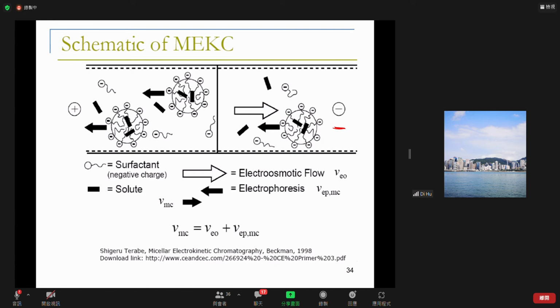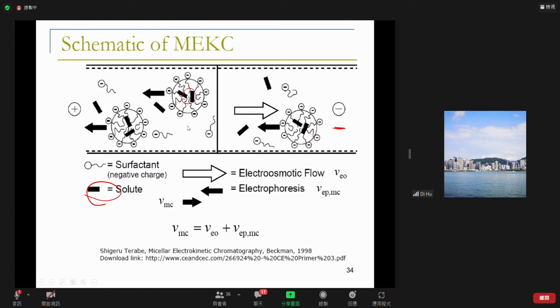So when the sample is introduced into the system, the compound can do something. If your sample is a little bit hydrophobic, it can partition into the hydrophobic inner core of the micelle, between the polar aqueous buffer phase.